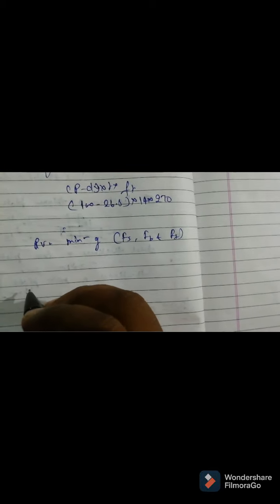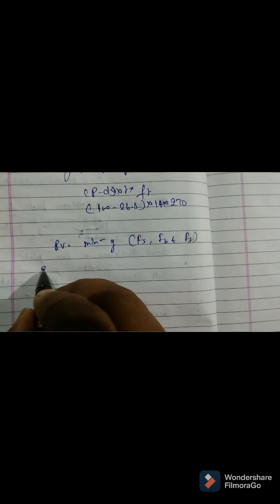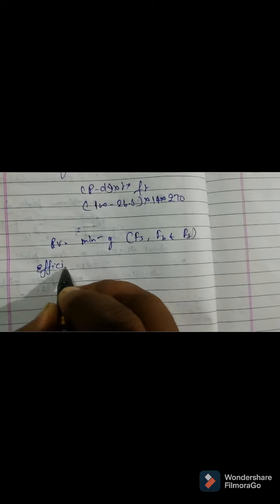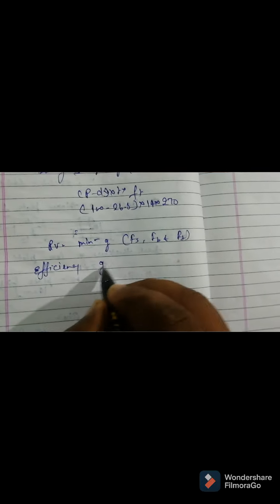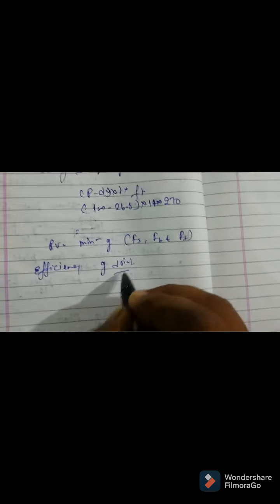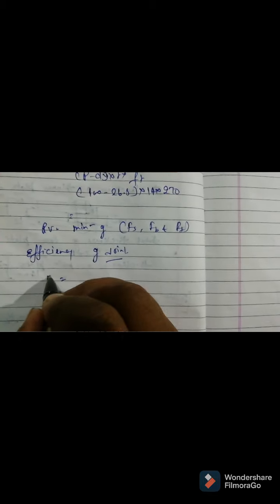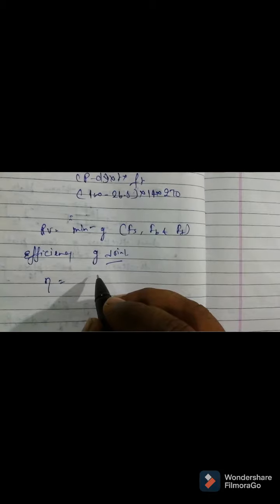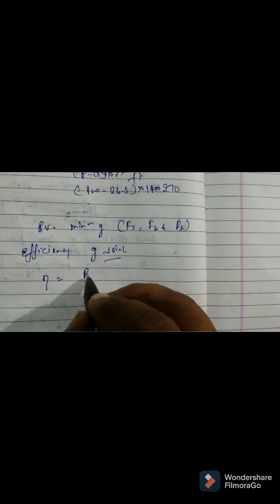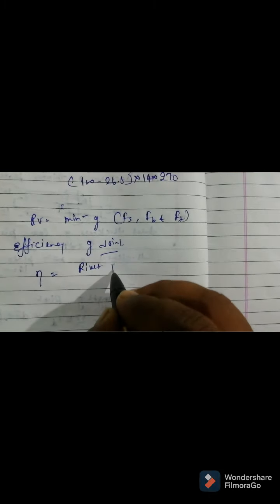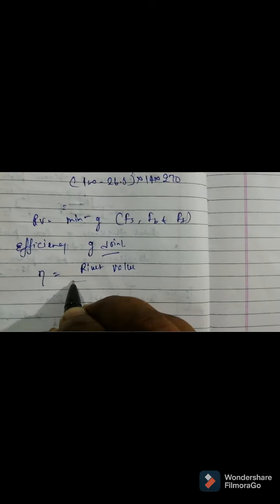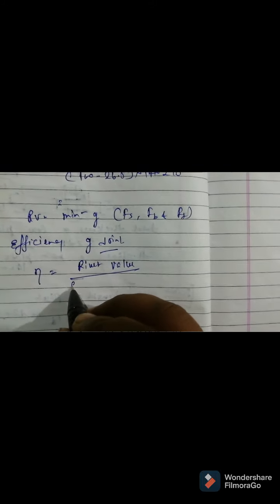So here we have to again determine the efficiency of joint. For efficiency of joint, I already discussed, that is represented by eta, that is the rivet value upon the strength of solid plate.